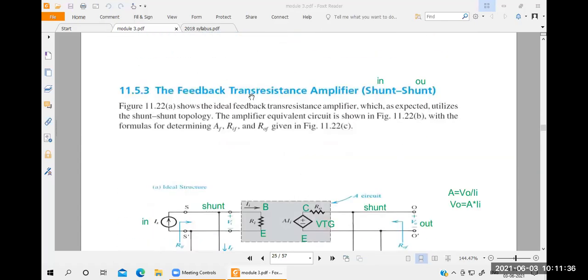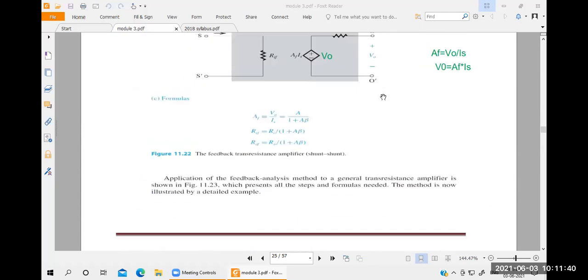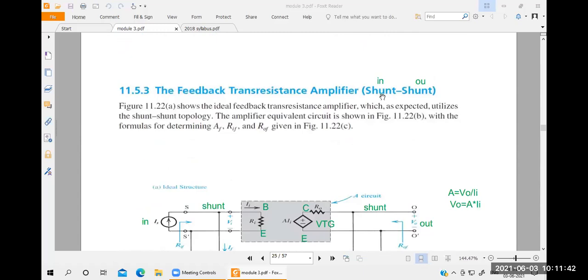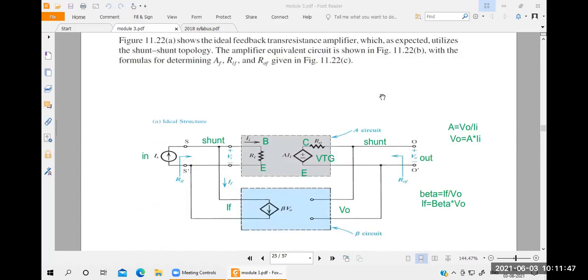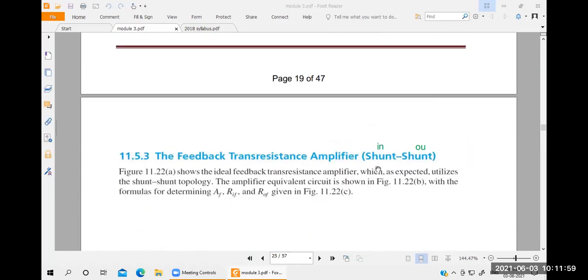Here you take the next amplifier, the transresistance amplifier. Transresistance amplifier means shunt feedback connection. For the input and output side, feedback is connected in parallel form. So parallel means what is the equation here?